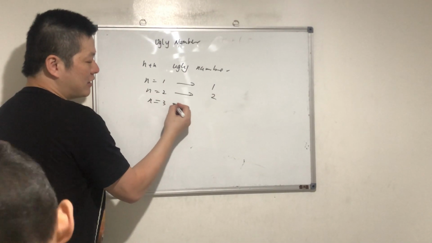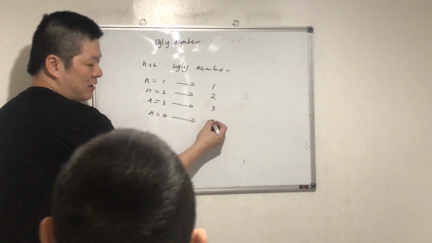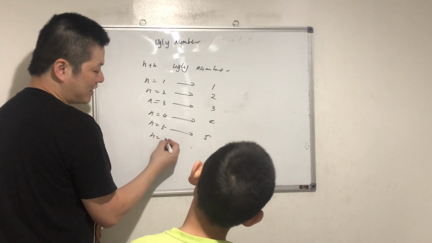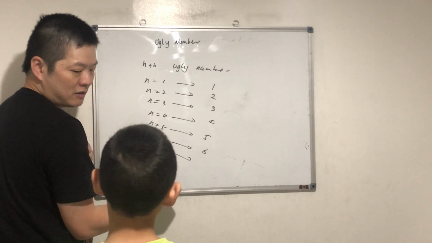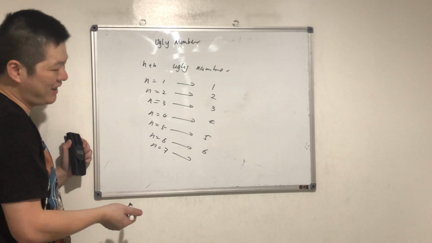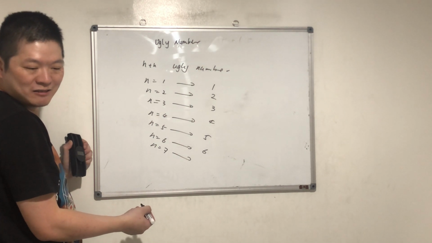N equals 3, 3. N equals 4, 4. N equals 5, 5. N equals 6, 6. N equals 7, what? No, that's a trap. 7 is not an ugly number. So what's the next ugly number? 8.